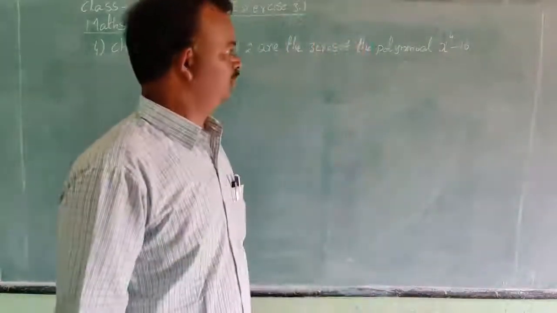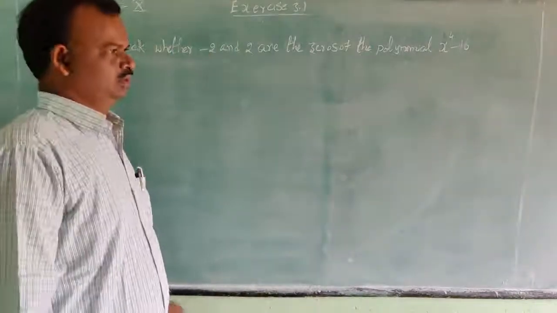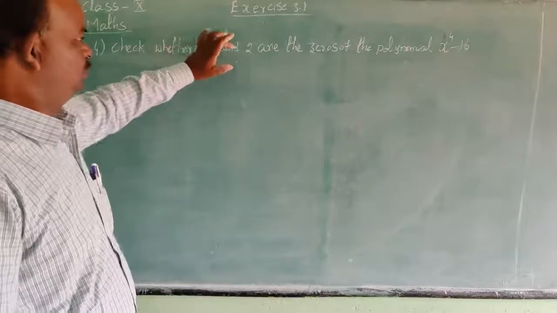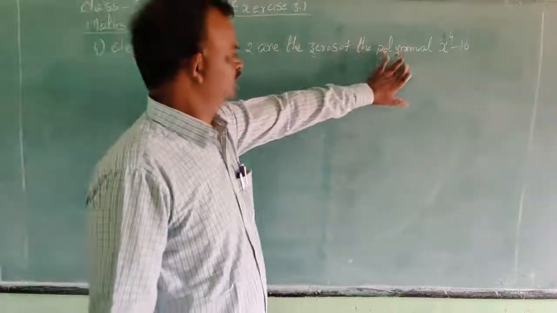Zeros of the polynomial x power 4 minus 16. We will check the values. Minus 2 and 2 are the zeros of that polynomial x power 4 minus 16.